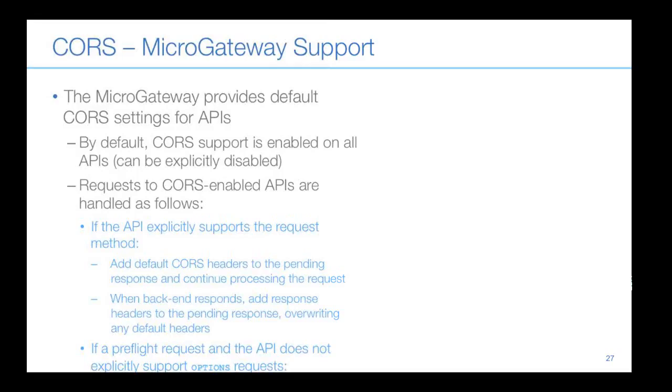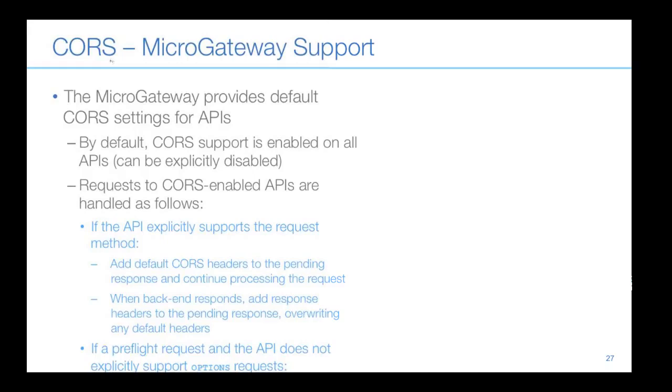I don't know. Libra, do you know? Ali or Libra may know, because the invoke policy makes the decision on whether that header gets included and what makes it to the back end.